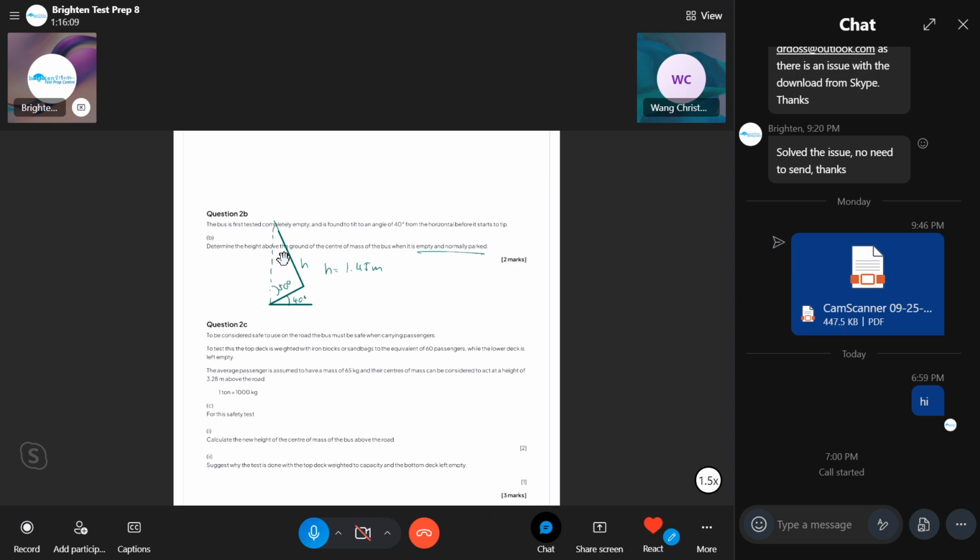So now we go a step further and start to calculate the new height of the center of mass.